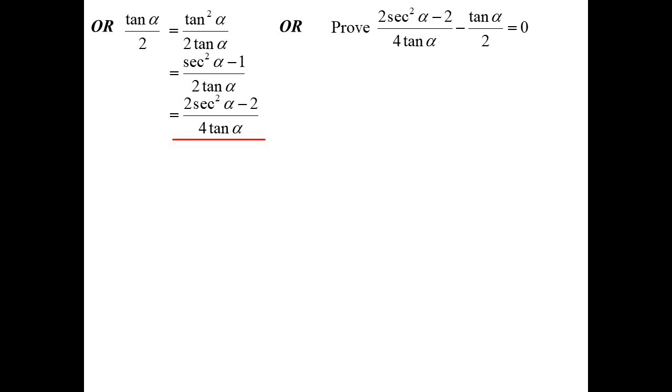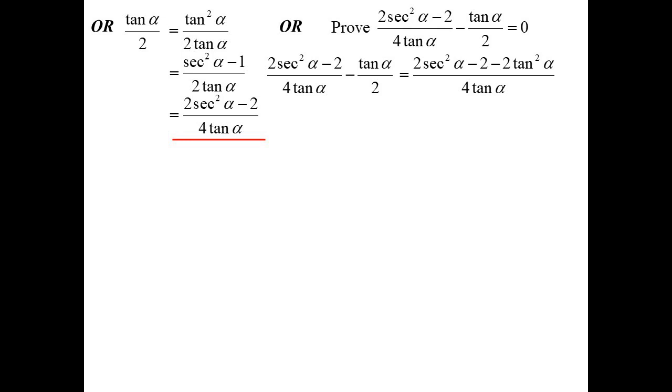Once I start my proof, again, it's not an equation. You see, because you start your proof, there's no equal sign there. It's an algebraic expression. So this time I'm starting with 2 sec squared alpha minus 2 on 4 tan alpha minus tan alpha on 2.